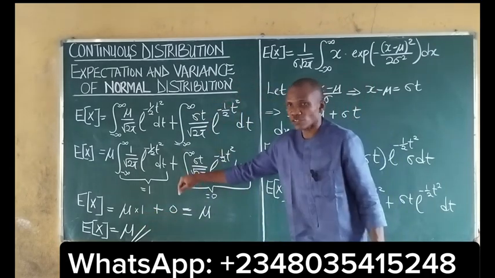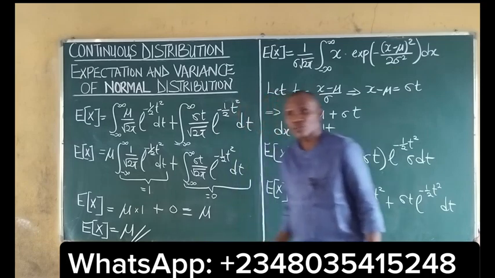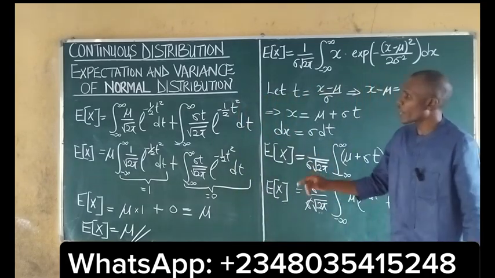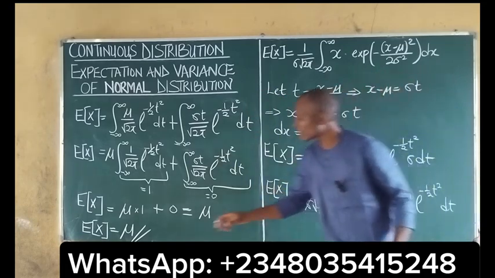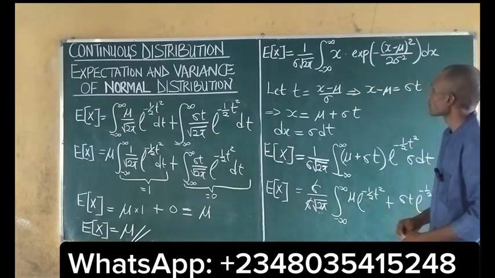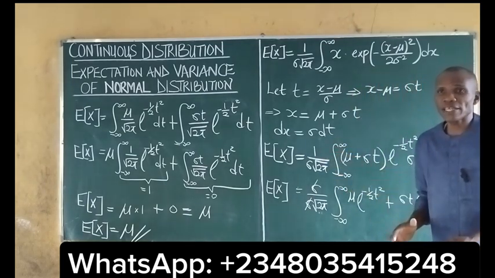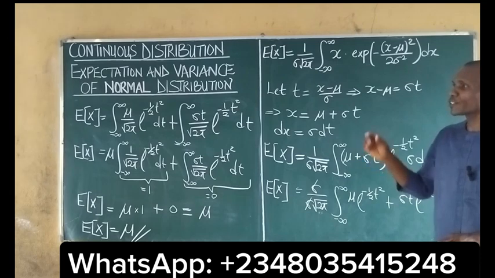So the expectation, E of x, is equal to mu. So our expected value of x for the continuous normal distribution is equal to mu. This is how we can obtain the mean or the expectation for the normal distribution.